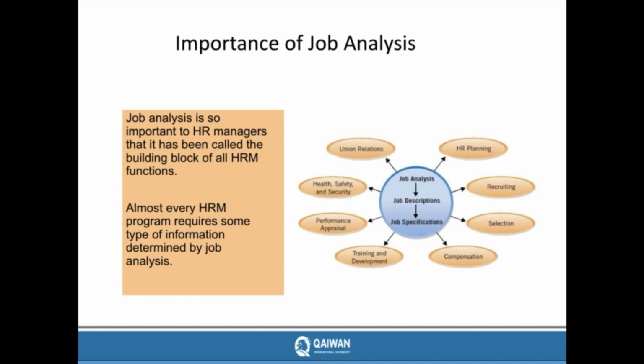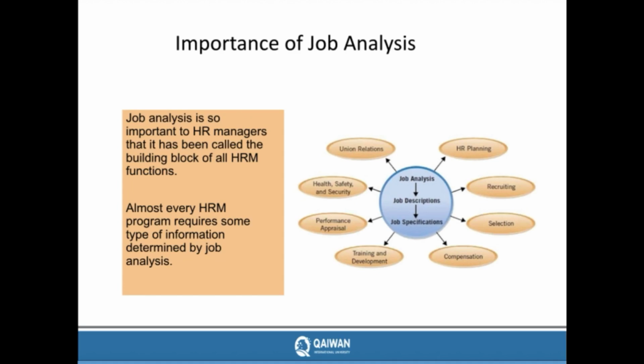Also, one of the most important is human resource planning, because organizations need to know how many employees they need and what kind. So this depends on understanding jobs clearly. Also safety, health, and security.